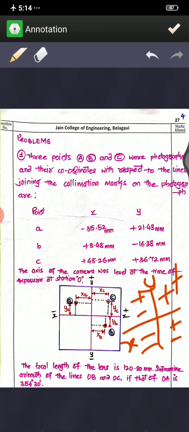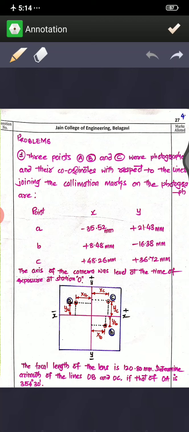Now with this understanding, I have drawn the figure here. First we'll see A. For A, x is negative, which means it is going to come this side, and y is positive, so it is going up 21.43.